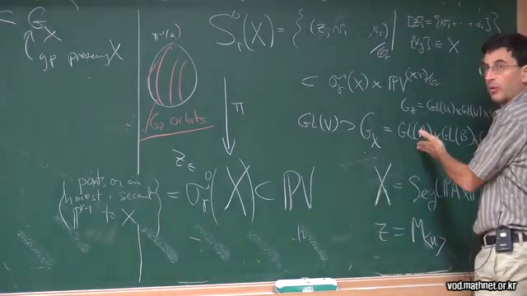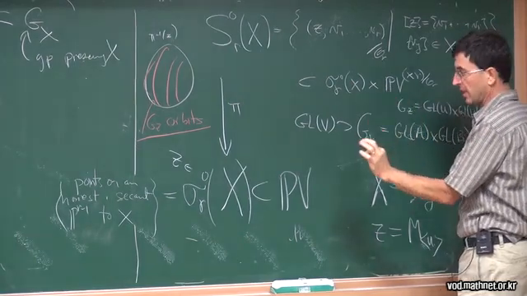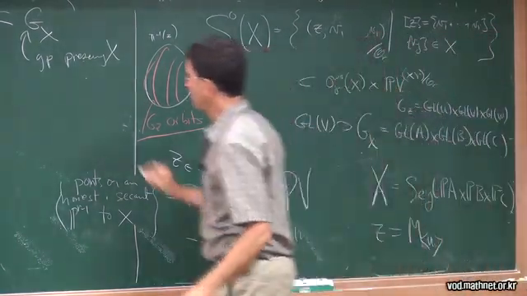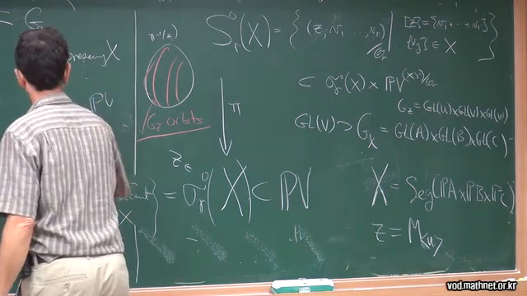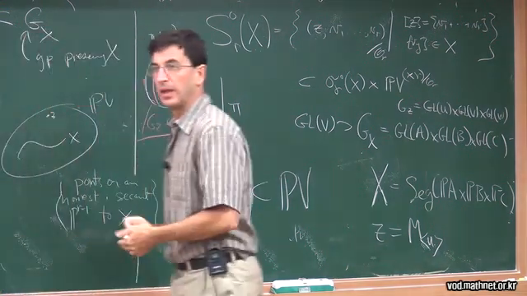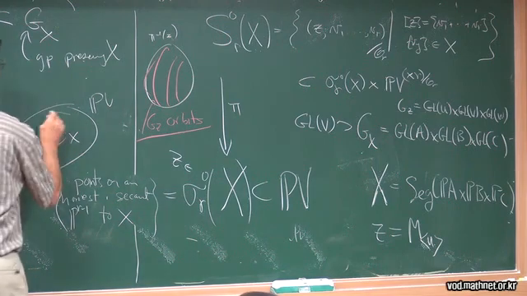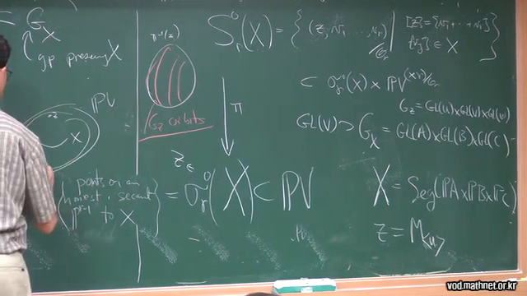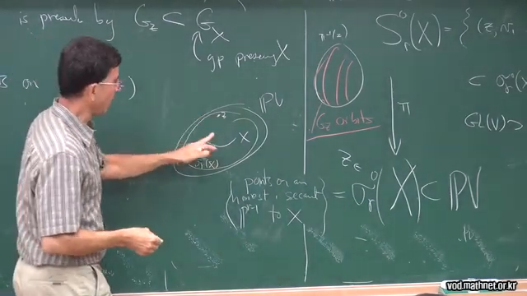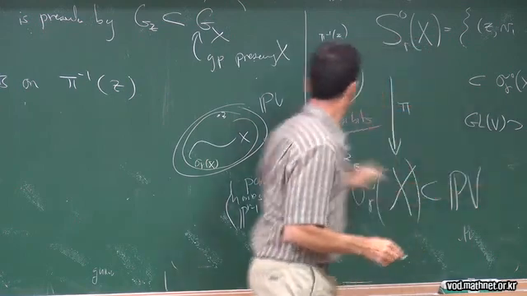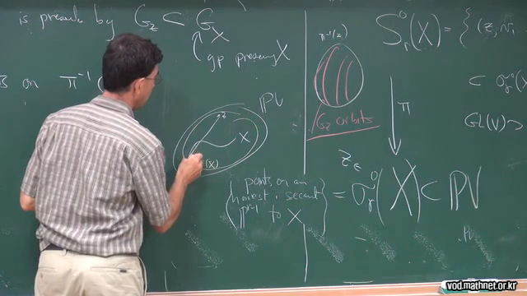The one preserving my variety, and therefore its secant varieties, and the one preserving the point. So here's my PV, here's my X, and here's my little Z. And my Z lives in one of these sigma R of X. And when I have this small group act, it'll fix Z, but Z will lie on some secant line.